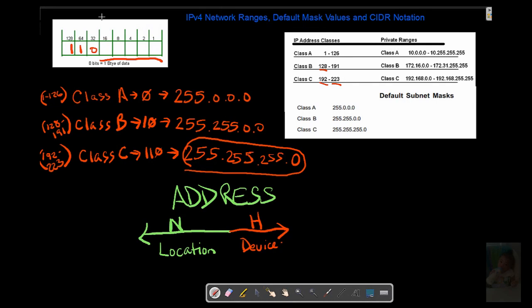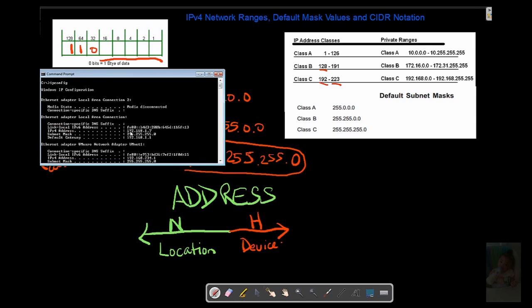We're going to work with Class C's because Class C's tend to be the easiest to understand. So looking at this right here, Class C, we're going to have an IP address that begins 192 to 223, a bit pattern that starts here, 110, and a mask value of 255.255.255.0. So let's look at my IP address again.